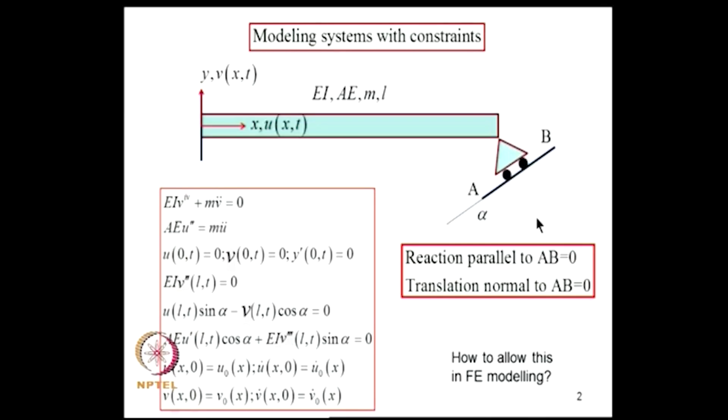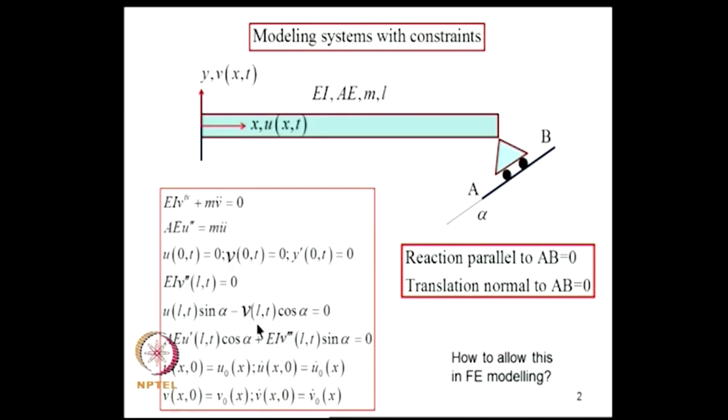So, if the translation normal to AB is 0, I will get the equation u sin alpha minus v cos alpha equal to 0. Similarly, the shear force, the reaction normal to AB is 0, will lead to this equation. So, these are the boundary conditions.